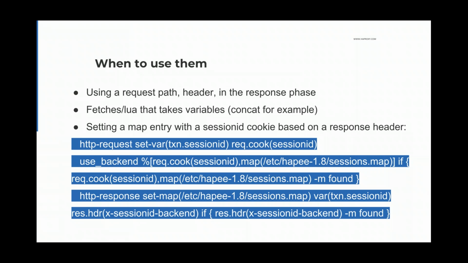This is a very complex example of setting maps to make a pseudo API to allow a backend to set what backend a client will use based on its session ID cookie. This is the kind of very complex thing you can get into with ACLs.